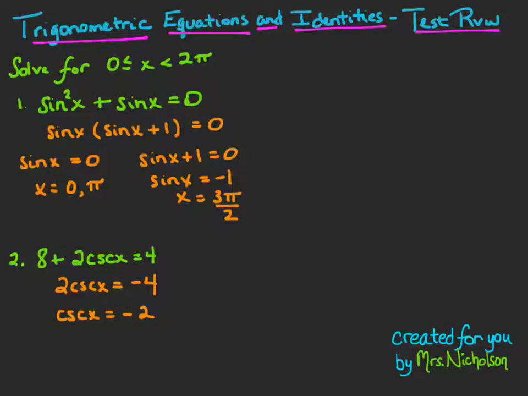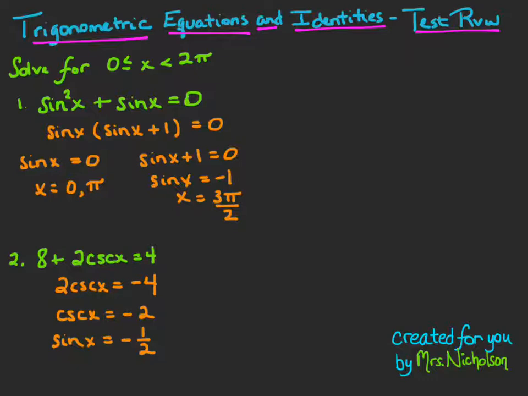Now cosecant is not on our unit circle, but it is the reciprocal of sine, which is on the unit circle. And so if cosecant is equal to -2, then sine x is going to be equal to -1 over 2. It's equal to the reciprocal of -2.